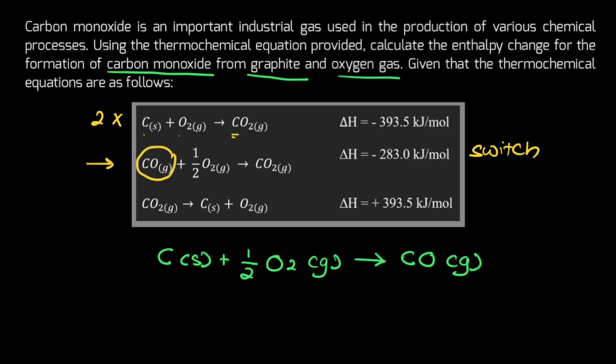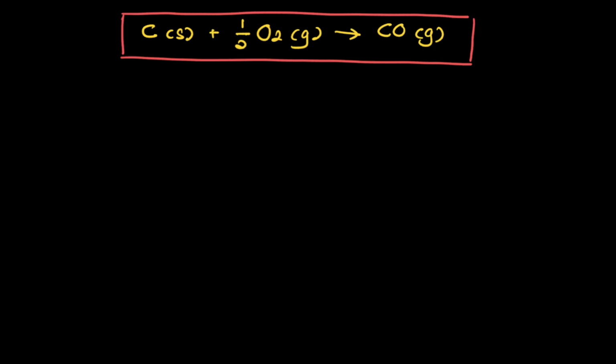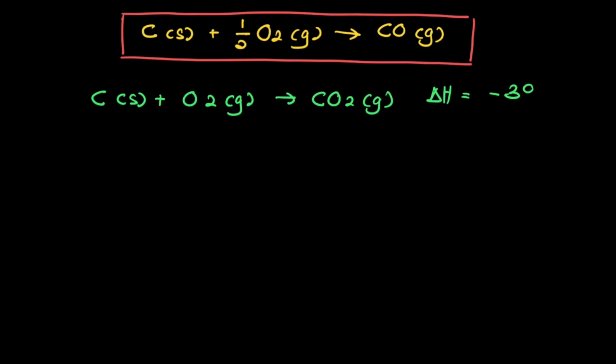All right, so now I'm going to rearrange and rewrite these equations so that we can see them more clearly. Alright, so this is our target equation. I'm going to start with the first equation given to you, which is carbon plus oxygen gas will produce carbon dioxide with delta H equivalent to negative 393.5 kilojoule per mole.